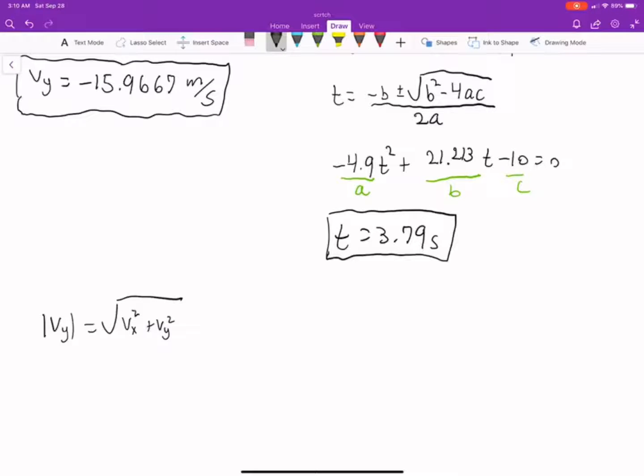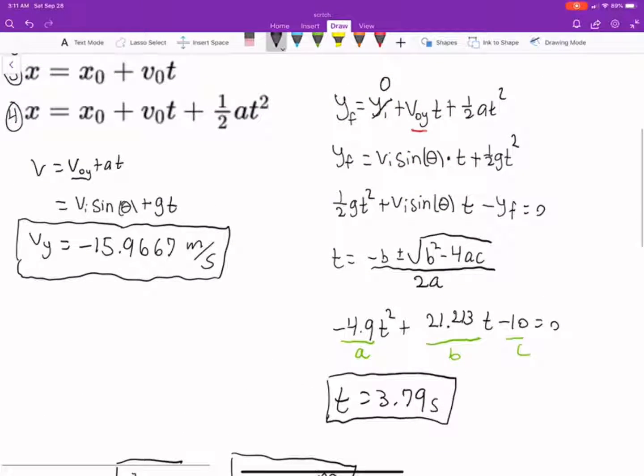So the square root of that thing we just found squared plus 30 cosine 45 squared. I'm sorry, that shouldn't be a y, that should just be v. I get about 26.55 meters per second. So hopefully that makes sense.